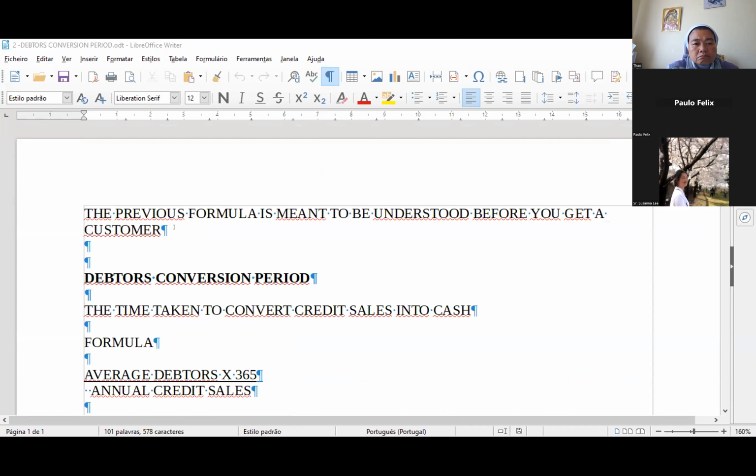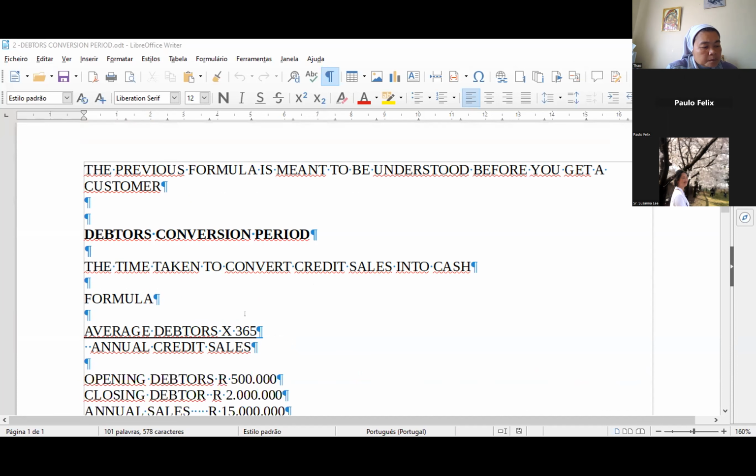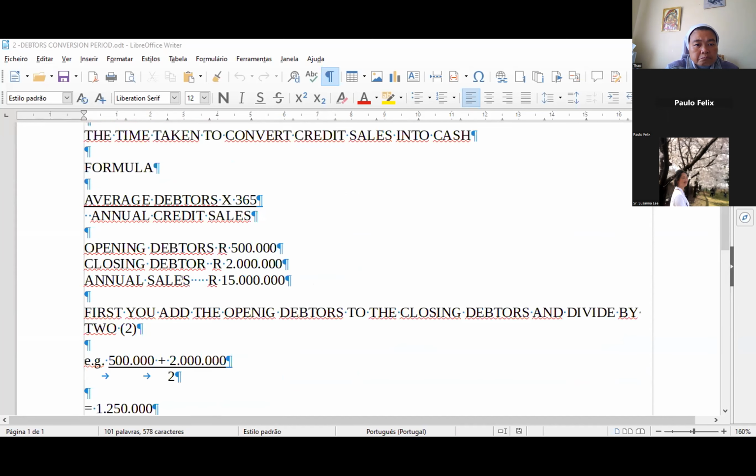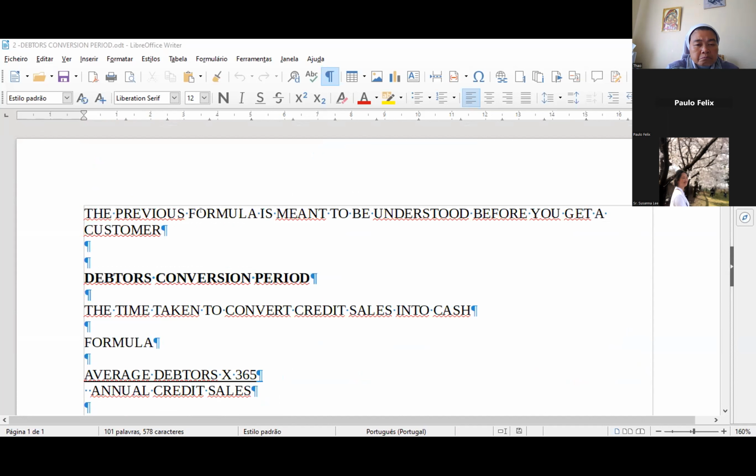So the previous formula is to convert the debtors into cash. Why does it come different? Okay, so the previous formula is meant to be understood before you get a customer.